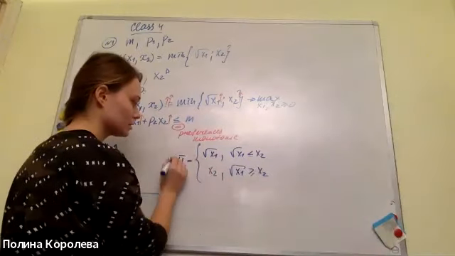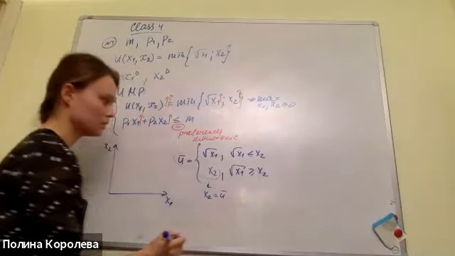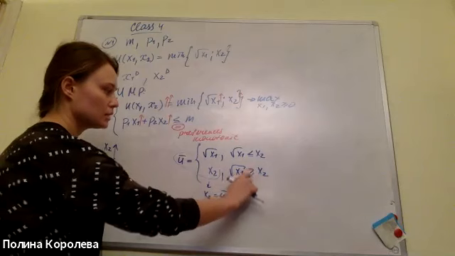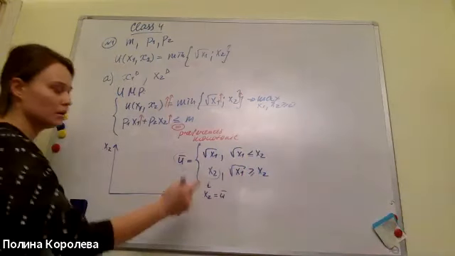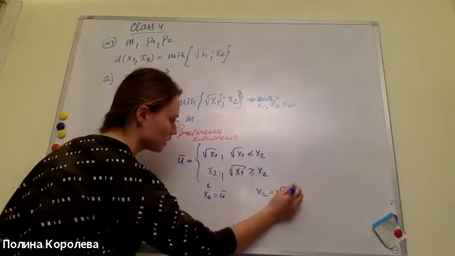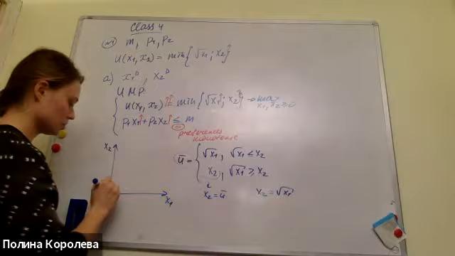So, second row: x2 equals some constant if x2 is less than or equal to the square root of x1. What is this function, x2 equals the square root of x1? How will it look? It is a branch of a parabola. You know this, yes? Like this.